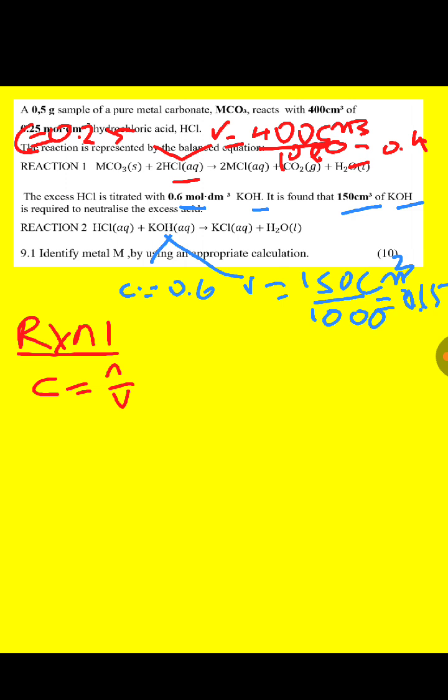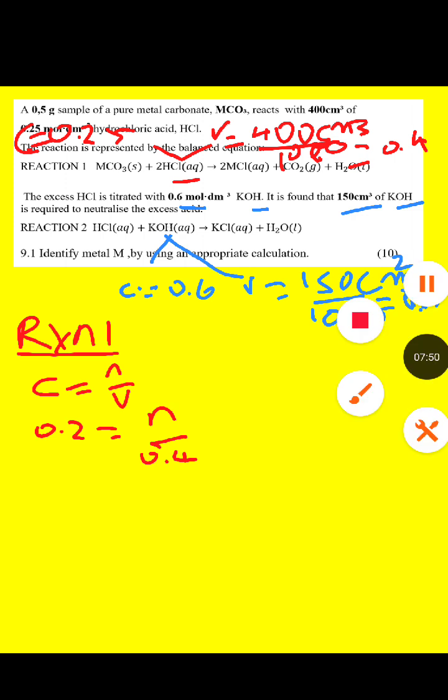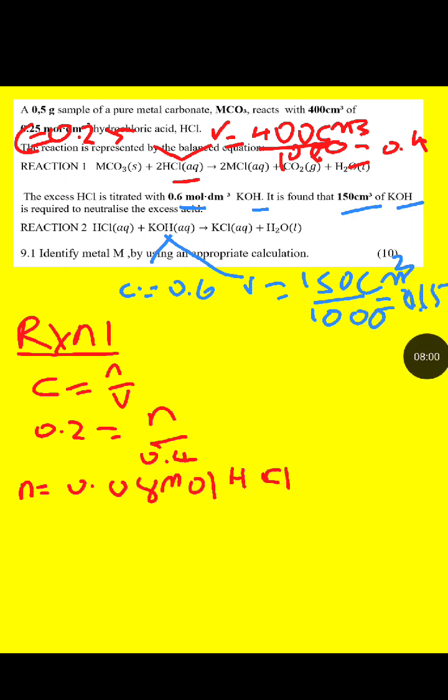The concentration that I have in reaction 1 is 0.2. The volume that I have is 0.4 over N. So you are getting N, the number of moles for HCl.